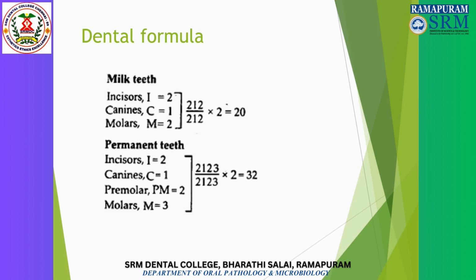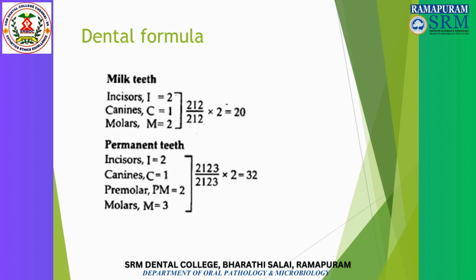So we have something called a dental formula, which makes it easier for identifying the number of teeth in each set of dentition. That is, in deciduous dentition, or the milk teeth as they are referred to, we have two incisors, one canine and two molars in each jaw.